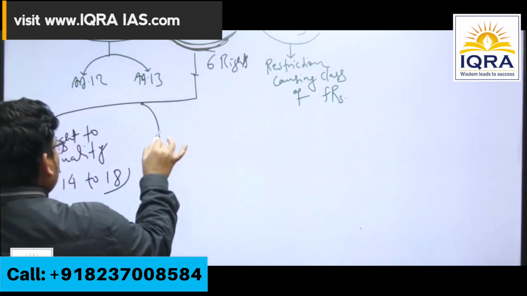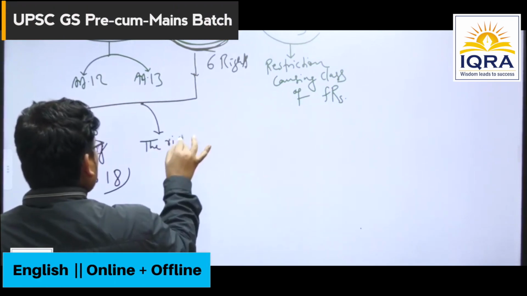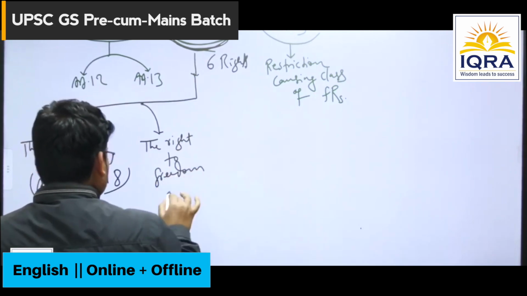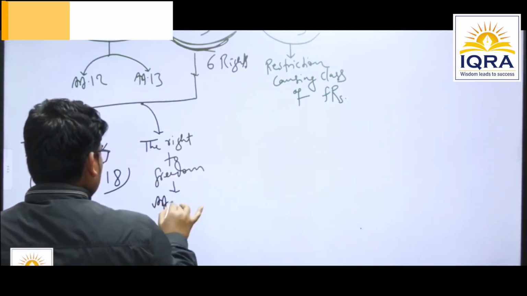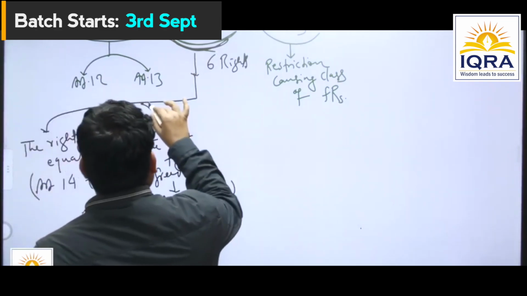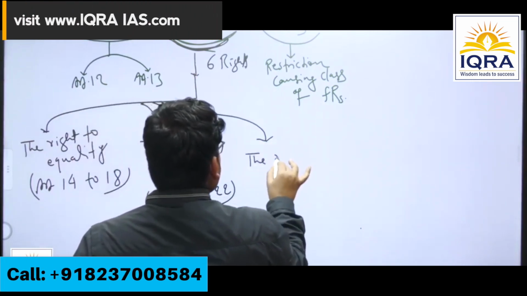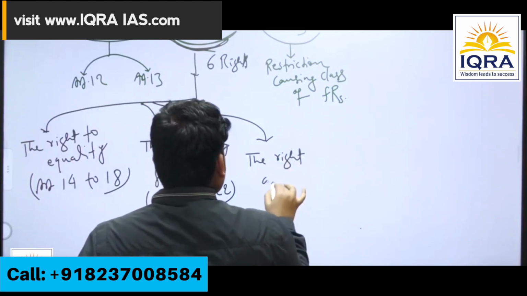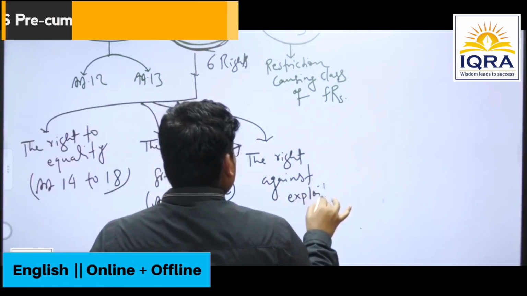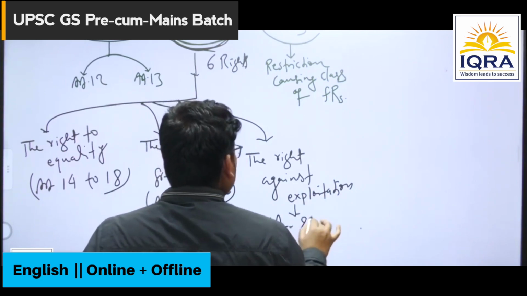Second fundamental right is the right to freedom, given under articles 19 to 22. Third one is the right against exploitation, mentioned across articles 23 and 24.